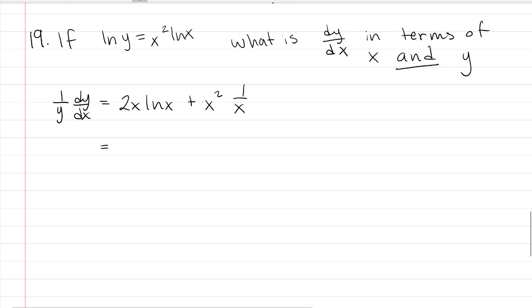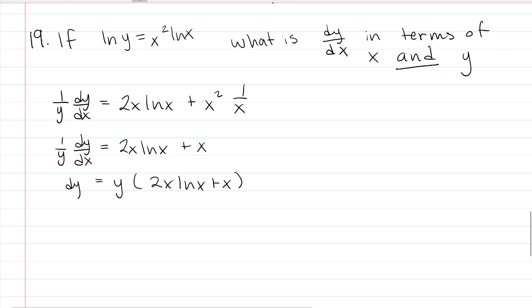So we're going to have 1 over y multiplied by dy over dx equal to 2x natural log of x plus x. And we're going to multiply both sides by y. So we have 2x natural log of x plus x being what dy dx equals.